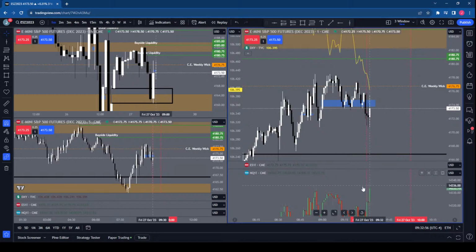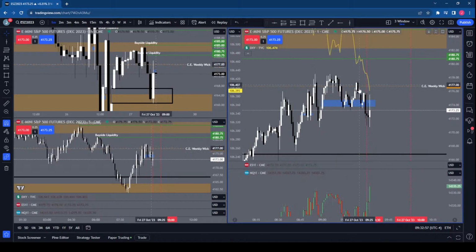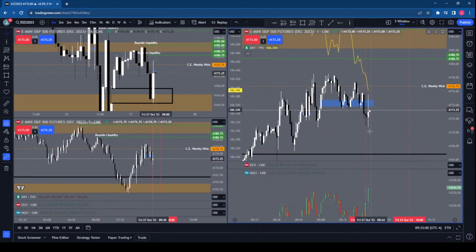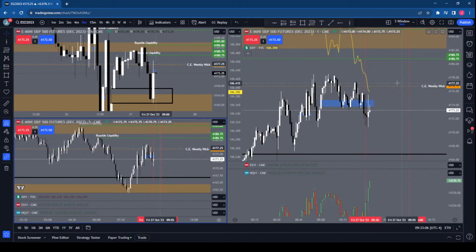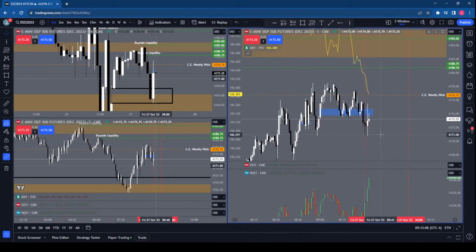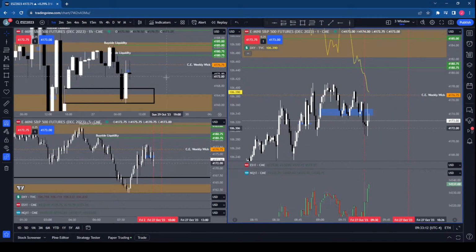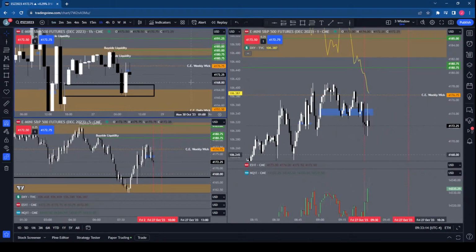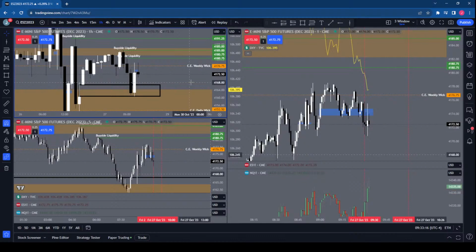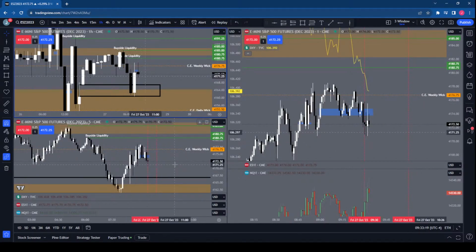NASDAQ broke both of these highs. The dollar's dropping, so it looks like NASDAQ's listening to the dollar. ES is acting a fool over here. Interesting, very interesting.